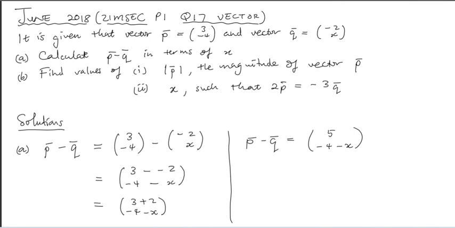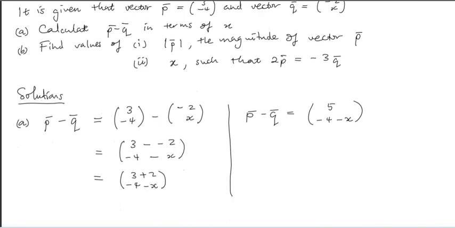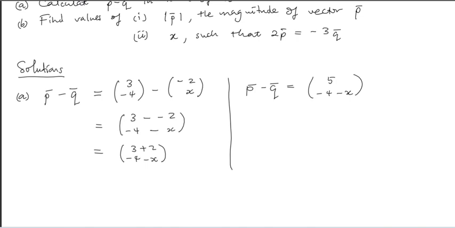The question is asking you to find the values of part 1, the magnitude of vector P. For you to calculate the magnitude, you need to remember the formula. So this is B1.